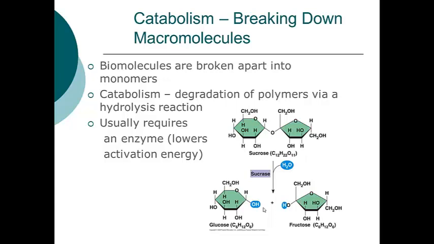Again, this requires an enzyme in order to happen. The enzyme is going to lower the activation energy, make it easier for this reaction to take place, easier for molecules to achieve the activation energy required to break apart.